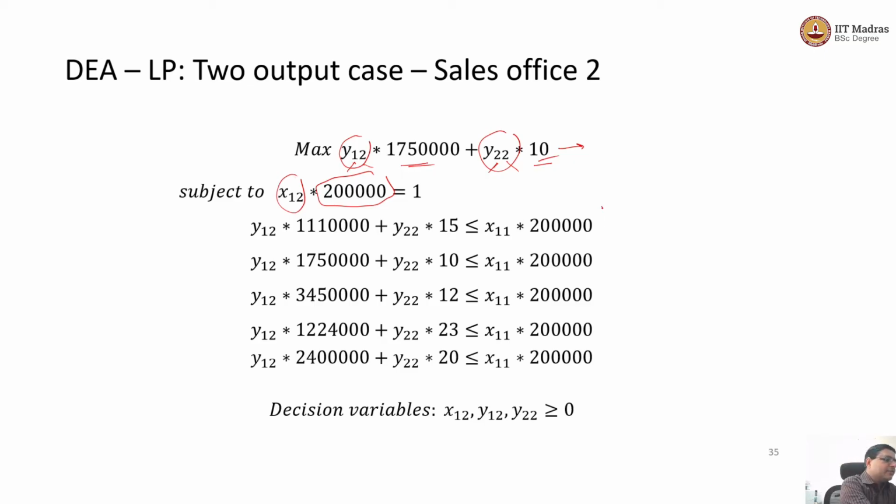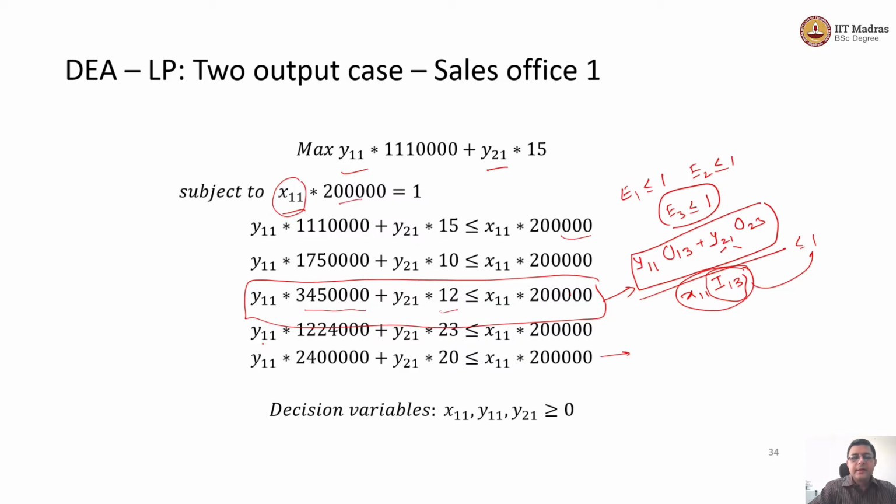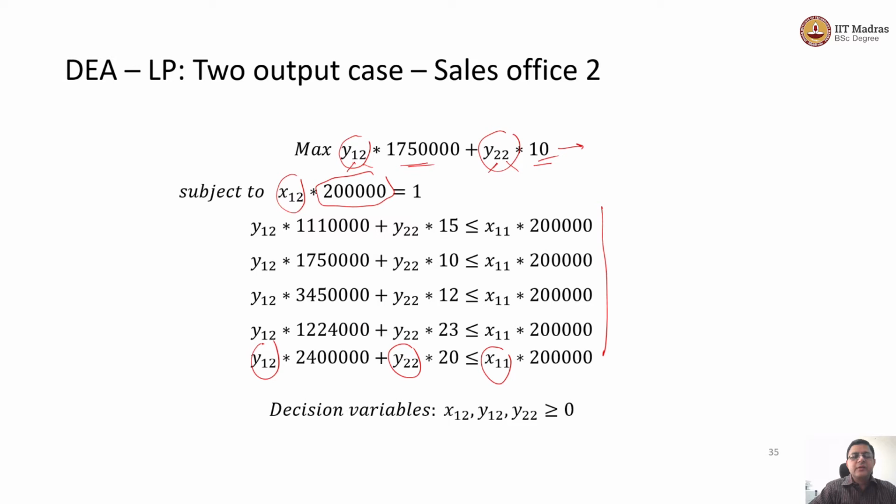And once again, these are very similar constraints, only the input weight and output weights are going to be different from what we had here. Here sales office 1 was assigning its own weight. Here sales office 2 is assigning its own weight. So the weights are different. The constraint structures are the same. Constraint interpretations are the same.